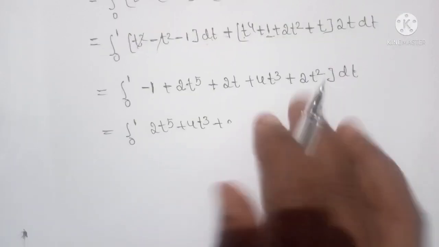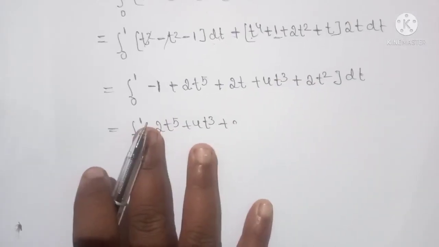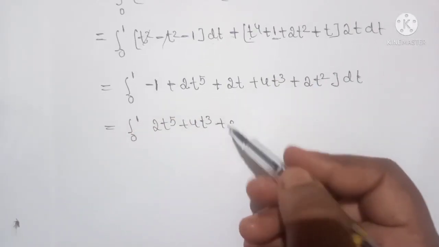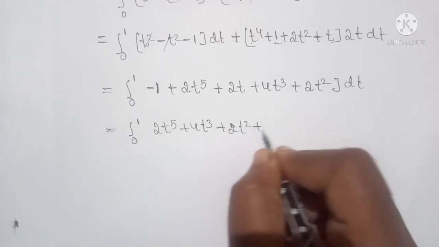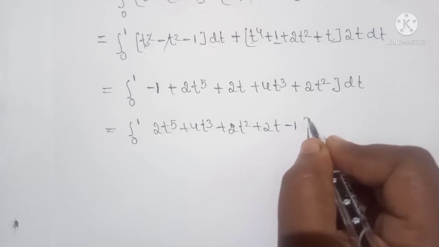Okay, once again I will write it in descending order. Okay, 2t square plus 2t minus 1, so dt.